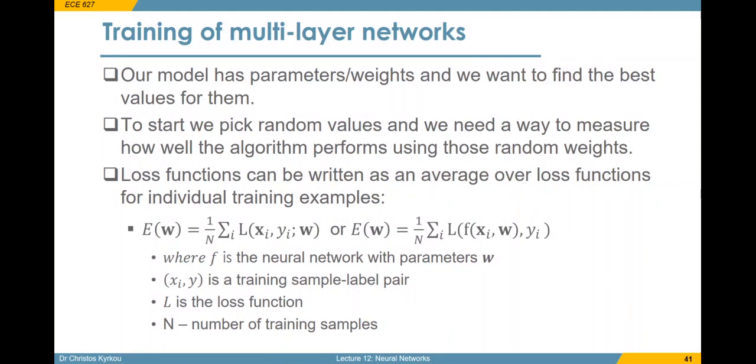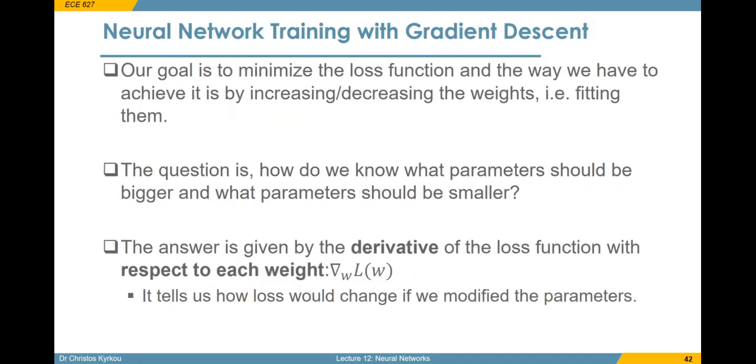So here we have the error function written as an average over all our data samples. And it's convenient to write it in this way because it simplifies the training process. Assuming here we have n number of training samples. So the idea is that we pass through all the data samples, compute the loss, and using that, we'll see how to update our weights.